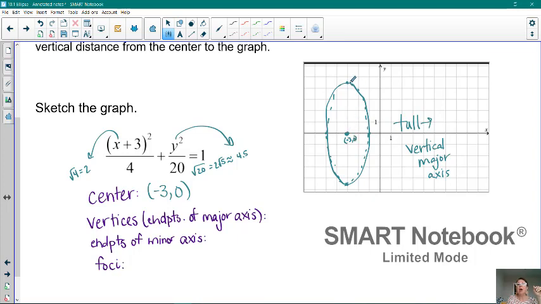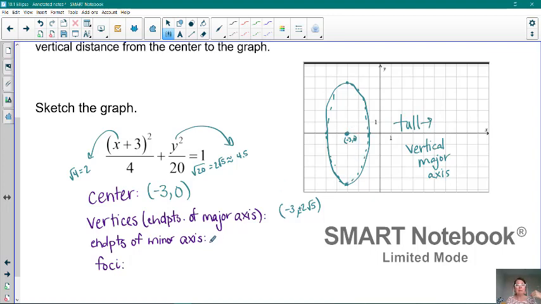I went up 4.5, which was really square root of 20 or 2 square root of 5. So that location is still in the same x place. I didn't move sideways. I just went up 2 square root of 5. I also went down 2 square root of 5. So why don't I just put plus or minus? I could write them as 2 separate ordered pairs, but it's not necessary. Okay? So that's the endpoints of my major axis.